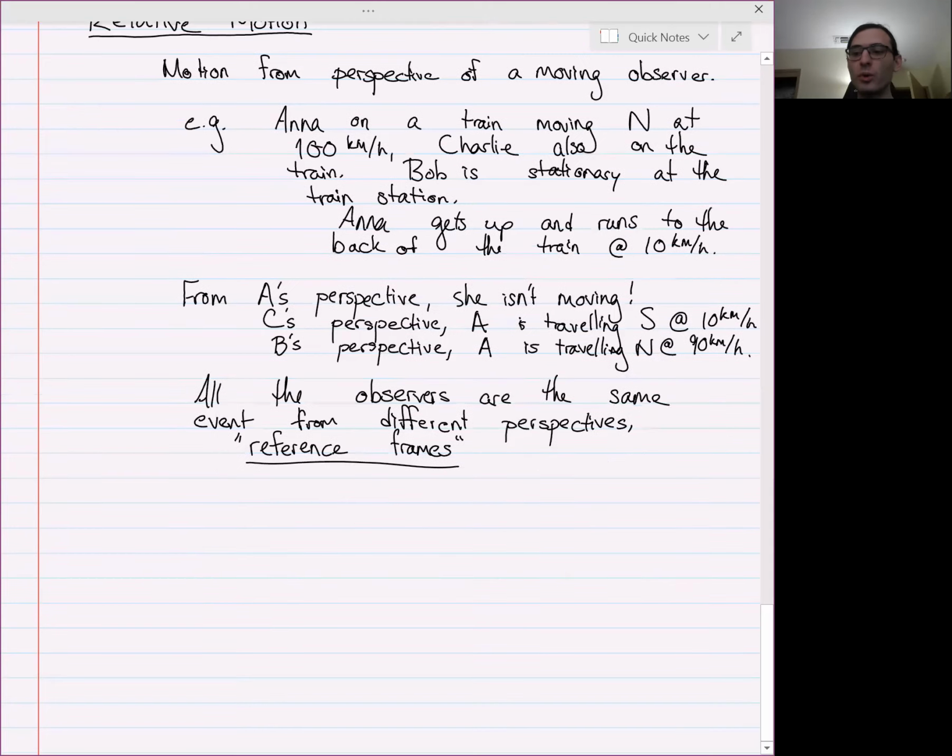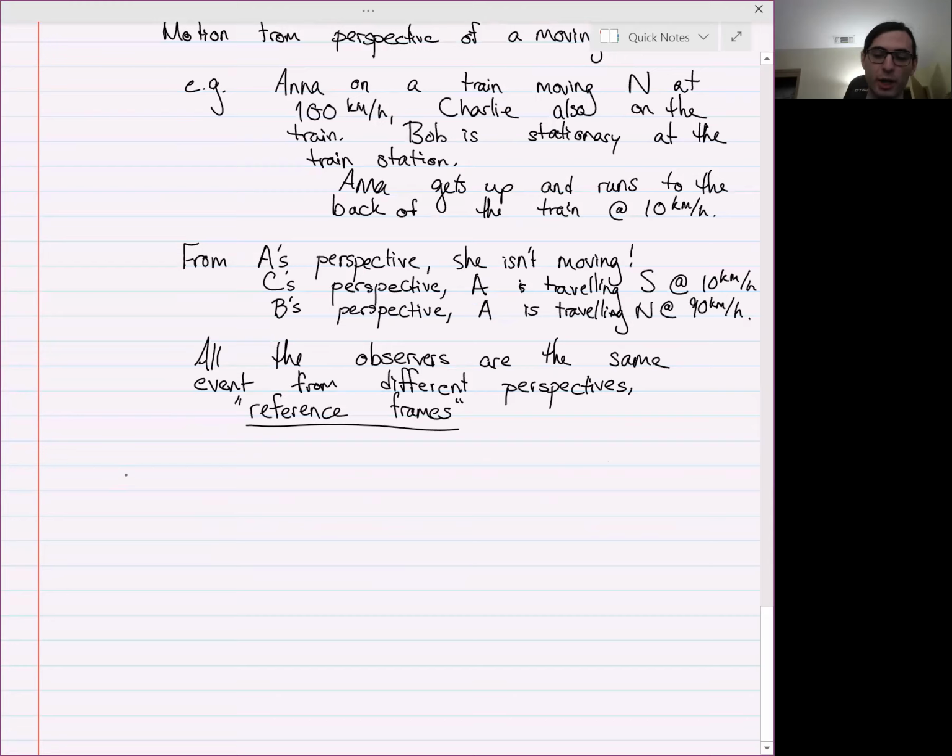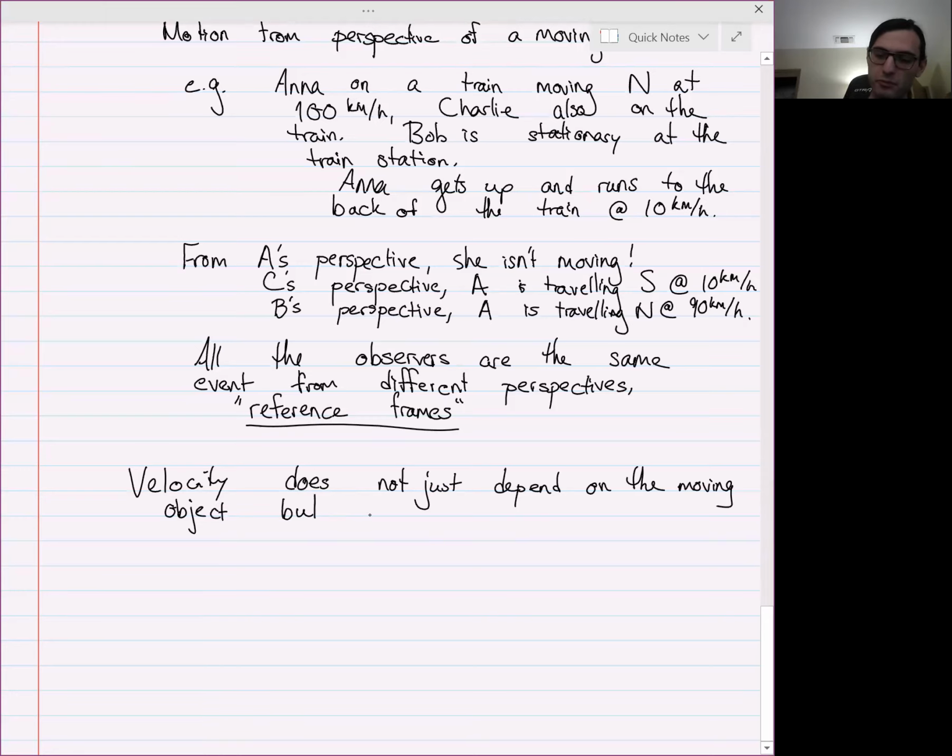What we found out from this thought experiment is that velocity does not just depend on the moving object. It also depends on the observer. So if the observer is moving, that can affect the velocity that's observed.